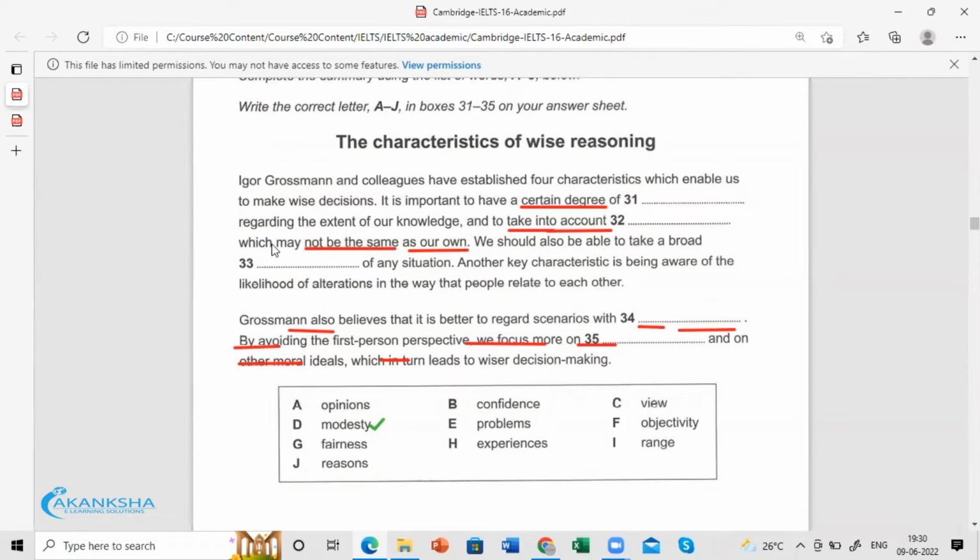That is opinions, which is closer to perspectives, because when we say perspectives, the perspective is nothing but opinion of somebody. Someone's opinion is actually called perspectives. Okay, this is exactly how.